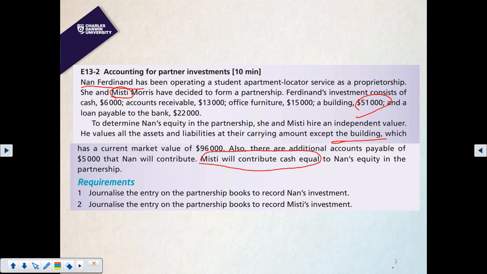But whenever we are forming a new partnership business, the independent assessor is telling that this building should be $96,000. Which one we should take? We should take $96,000. And loan payable to the bank is already there, but they reveal that there is additional accounts payable of $5,000. So include this as a liability.